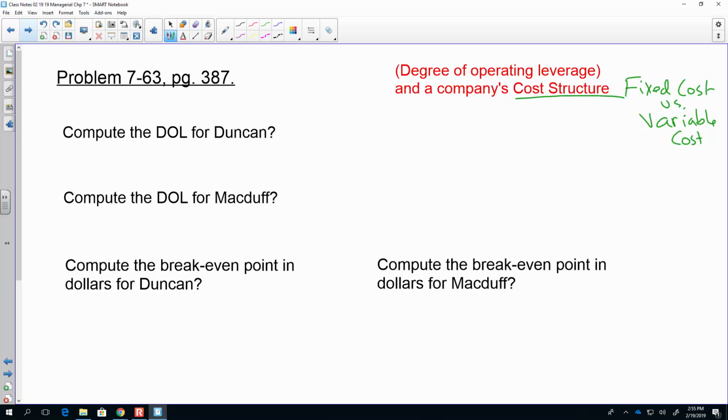How do I compute the DOL for Duncan? It's a division. What two numbers do I divide? Is it the 75 over 25? Yes, very good, Carla. 75,000 over 25,000 is what, Carla?